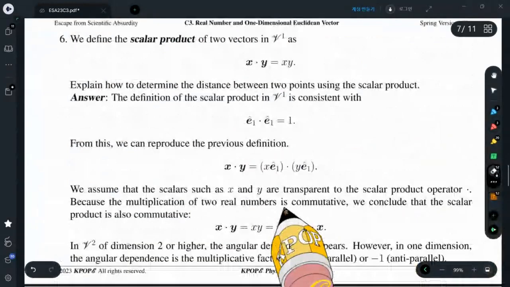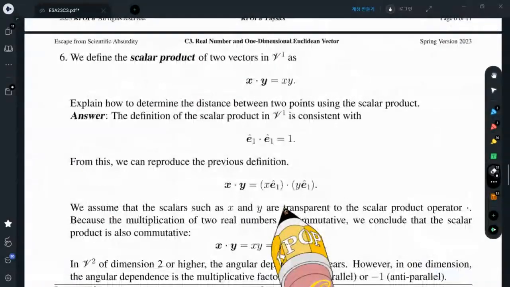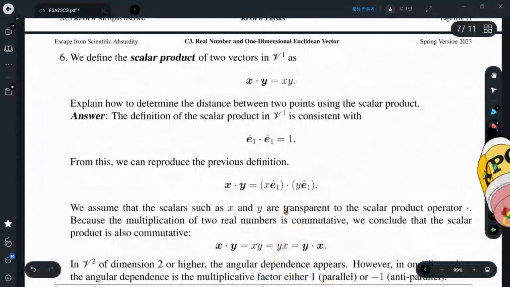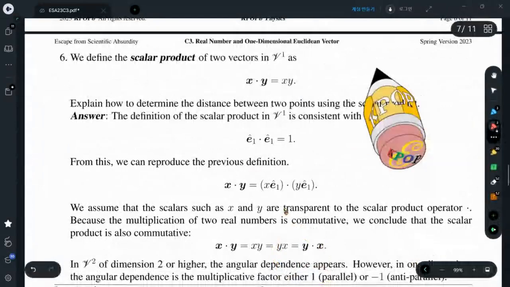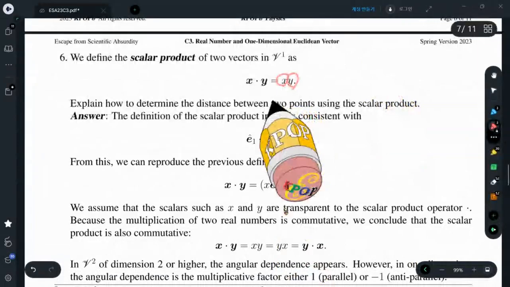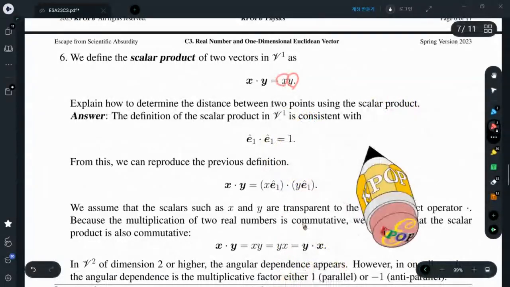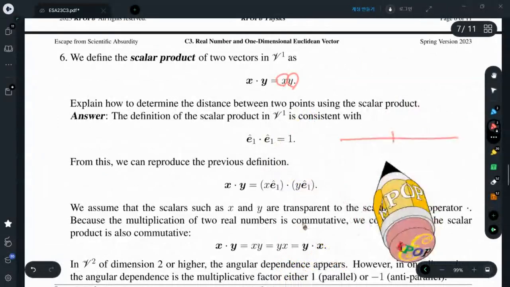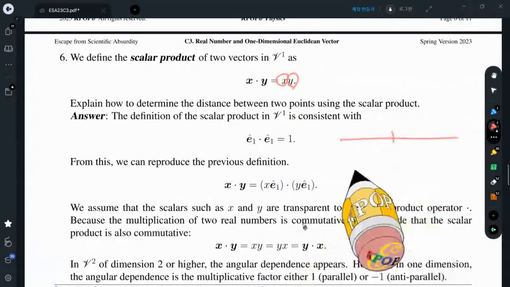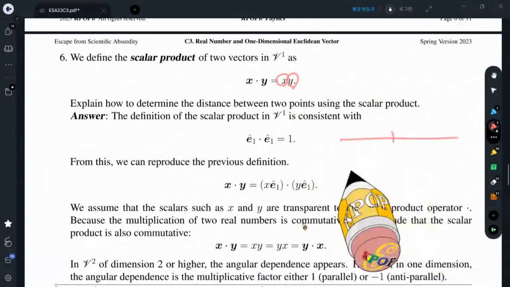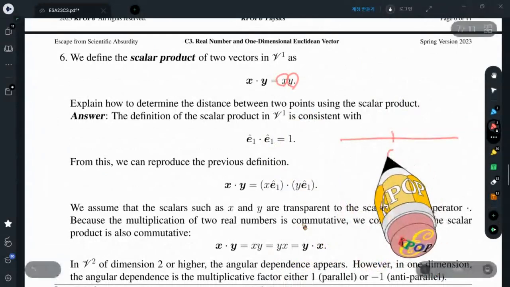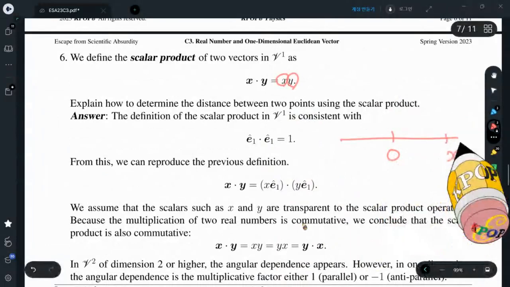Scalar product. In one dimension, scalar product is trivial. Multiplication of two numbers. I have x, y.